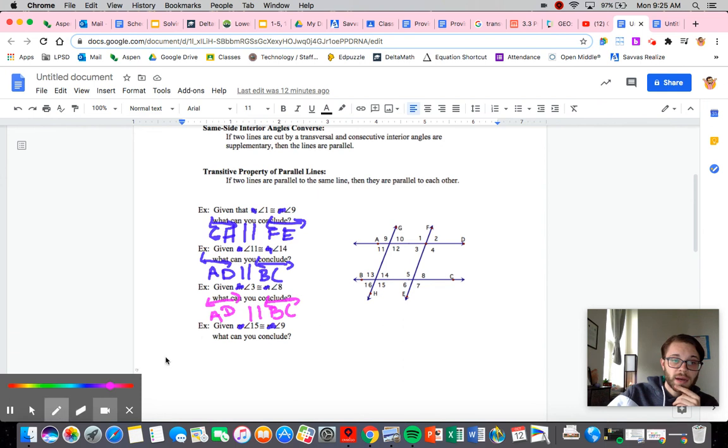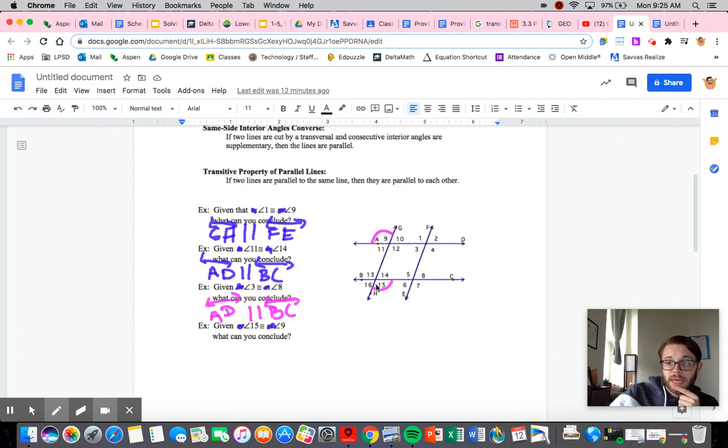And finally, we are told angle 15 and angle 9 are congruent. They are outside of AD and BC, but they are still formed by the transversal GH.